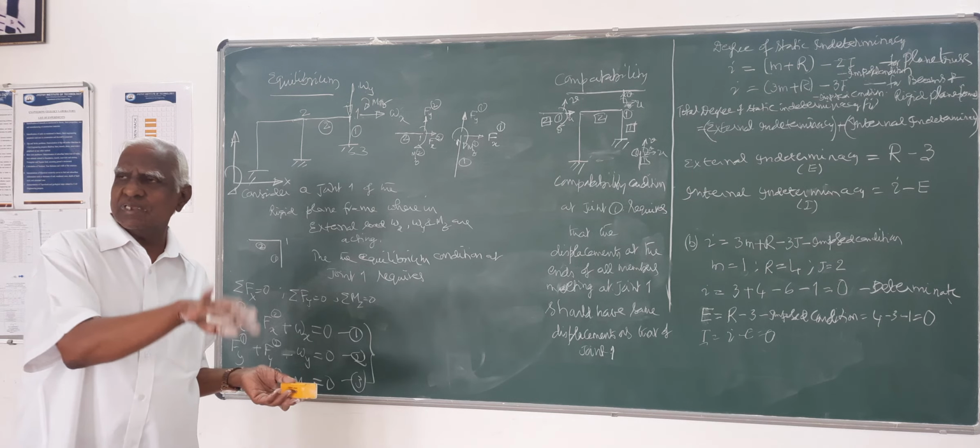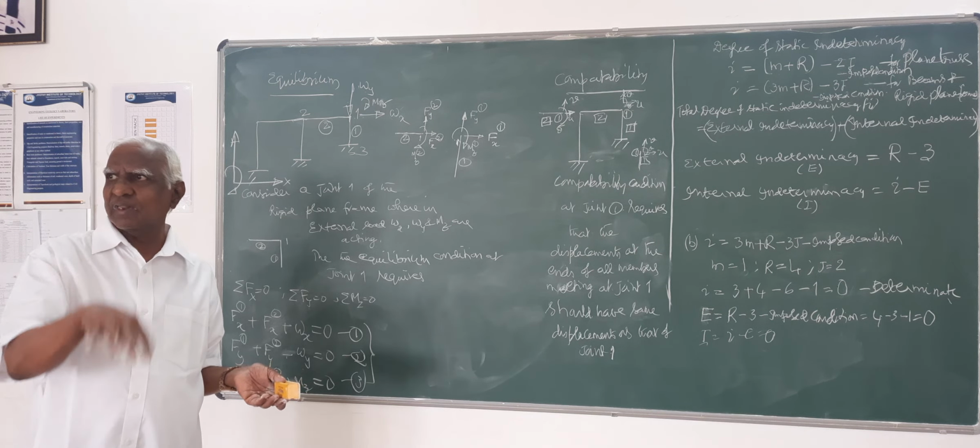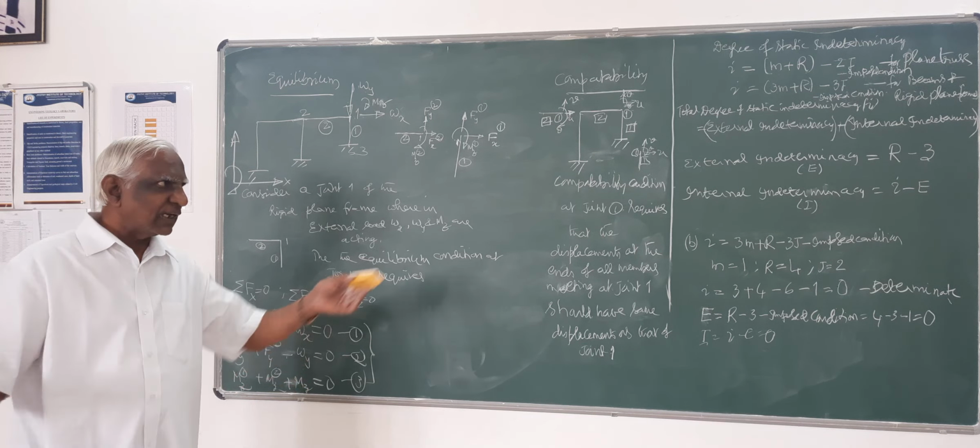The principle of superposition is valid to consider the effect of all. That is another condition that I will explain in detail when we take up an example. That is the principle of superposition and how to consider the loads. All loads we have to consider as acting at the joint. If they are acting on the members, we have to find their equivalent value, and how to find their equivalent value, I will explain with an example.